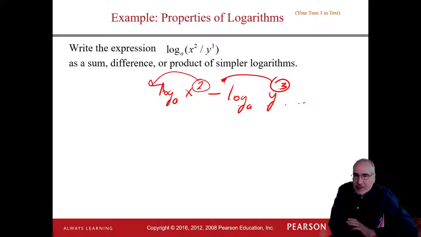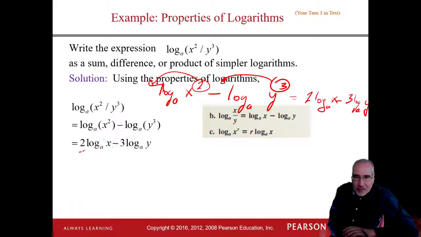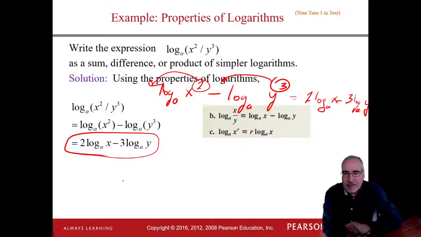So I'm going to go over here because I think this is going to get filled up with stuff. So this is going to be 2 log base a of x minus 3 log base a of y. And sure enough, that's what they come up with, step by step.